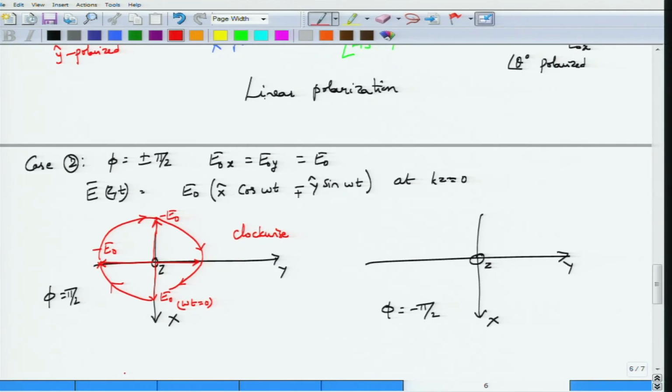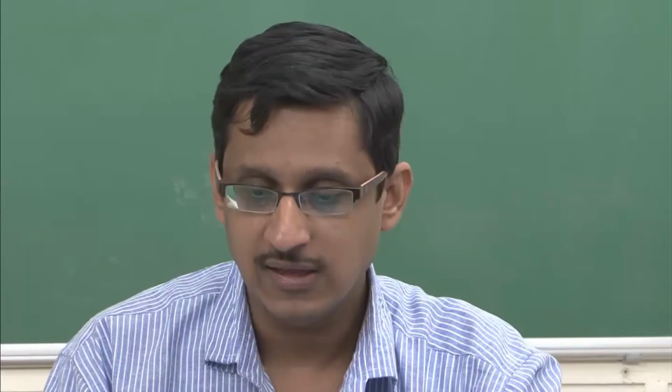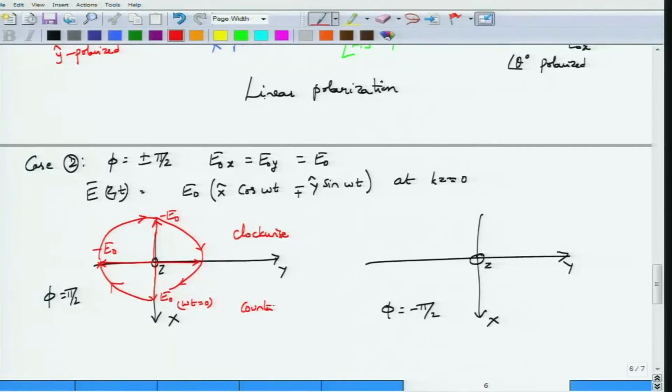But if you look from the other direction, that is, if you look from the way in which the wave is receding or going away from you, then it would look counterclockwise. This way is when you look into the wave coming towards you, and in this case the wave is receding or going away from you.